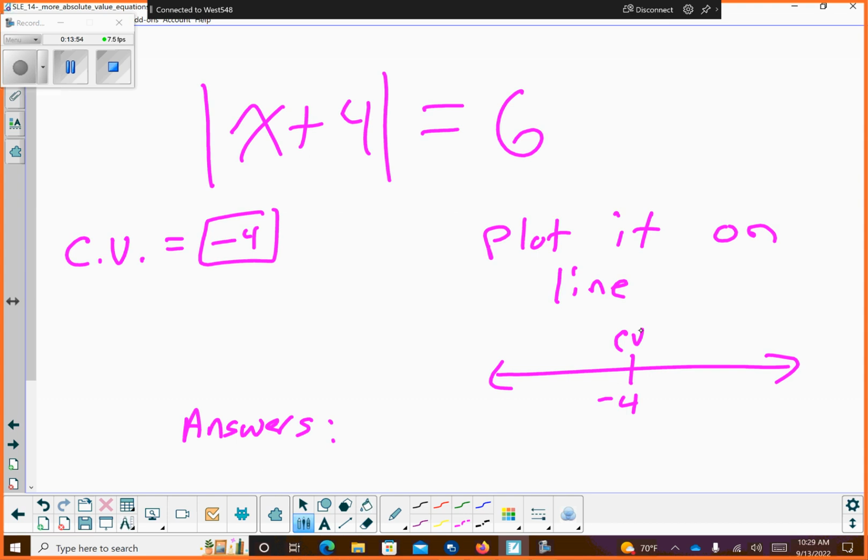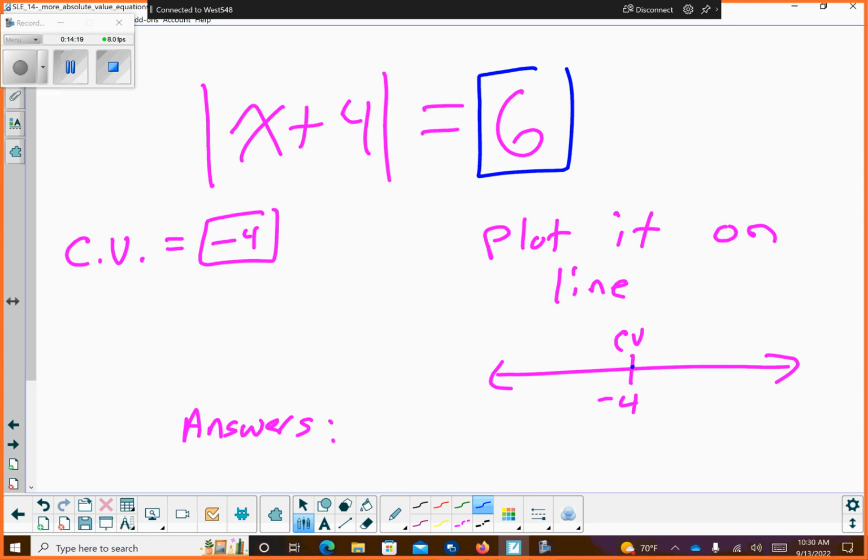Do you agree with that? Okay. Does my answer work? Will I be able to get 2 answers on this? Yes. And why do we know that? This right here is a positive number. Once the absolute value is all by itself, it's a positive number. So what am I going to do to get to my 2 answers?